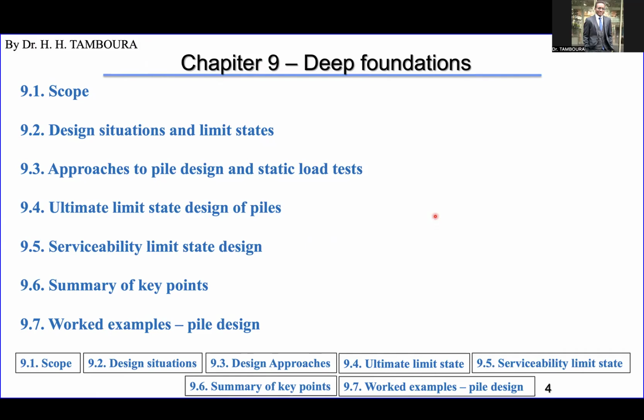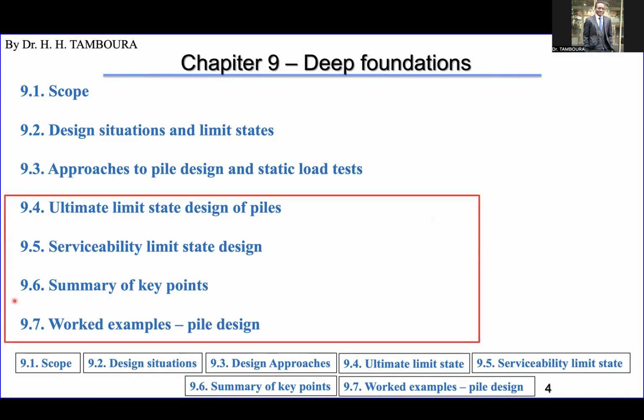Today we are going to continue from point number 4, to see how we can obtain the design values from the characteristic value by applying partial factors. So we will cover 4 to 6 today.